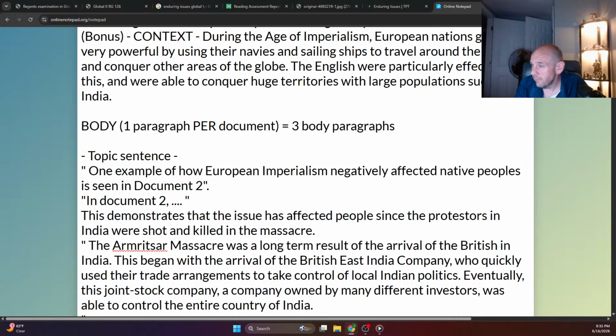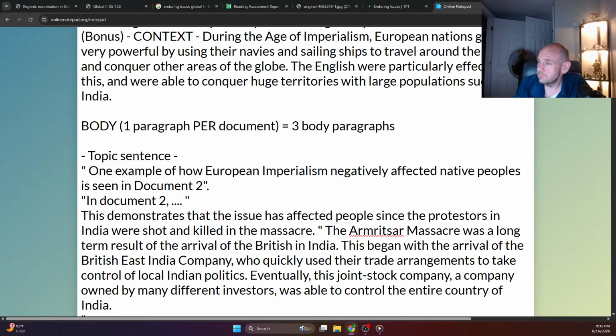Clearly an example, right? And then you can say something like, the Amritsar massacre was a long-term result of the arrival of British in India, and this is the change over time. How has the issue evolved over time is right here.